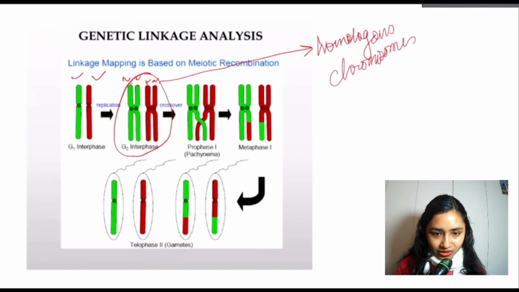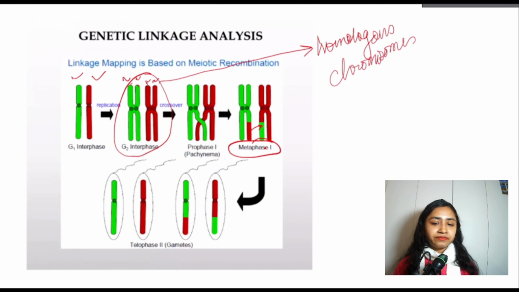The strand exchanges happen, so the red part comes here and the green part goes there. Now this is the metaphase 1 phase, during which there is independent assortment.